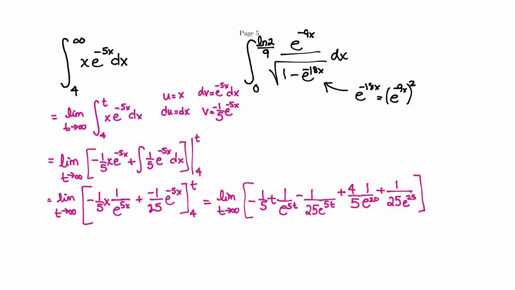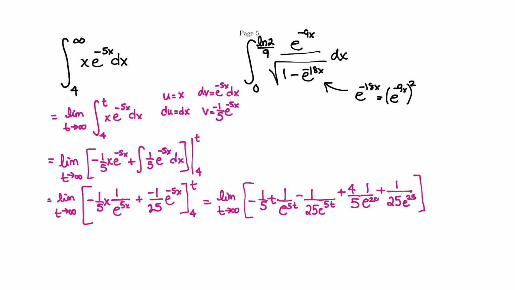See if we're doing that right. Is this what you guys are getting here? So you took the antiderivative, and you should get negative 1/5 x times e to the negative 5x, which I just wrote as 1 over e to the 5x, plus negative 1 over 25 e to the minus 5x.